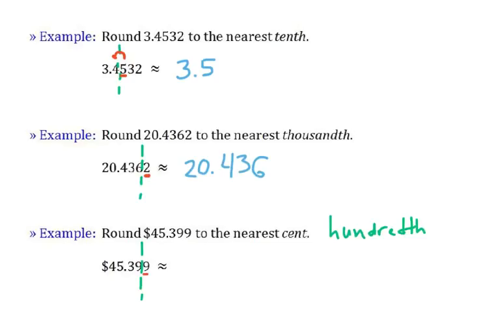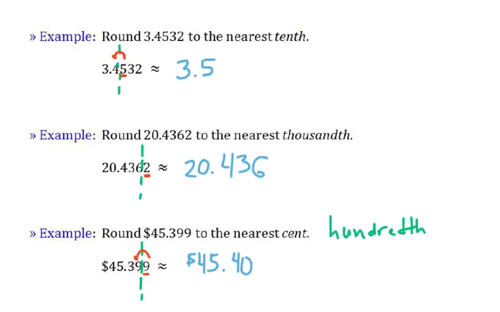The thousandths place, directly behind where we're cutting, is a value greater than 5, which tells us we need to bump our number up. So 45.39 would be bumped really to 45.40, or $45.40 in this case. So that's a little bit about rounding.